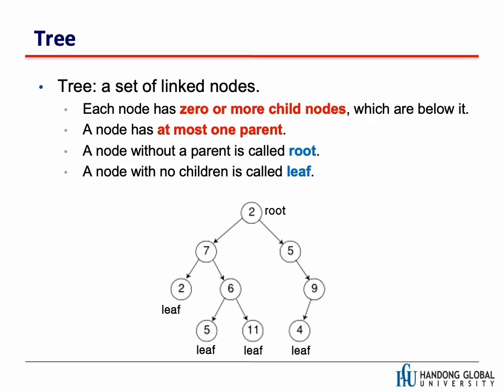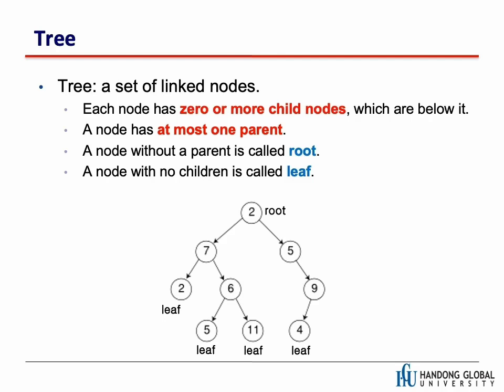A tree is a set of linked nodes, and as you can see in this graph, one node has two or one links or pointers. This is connected to chapter 4 in a sense. Each node has 0 or more child nodes, so in general, we can have many children.